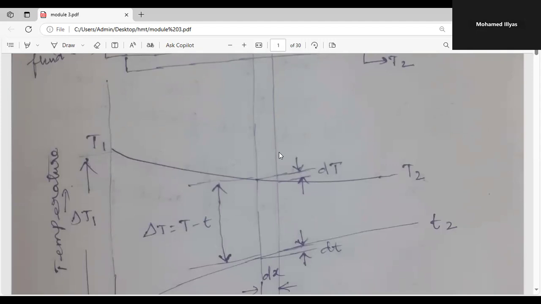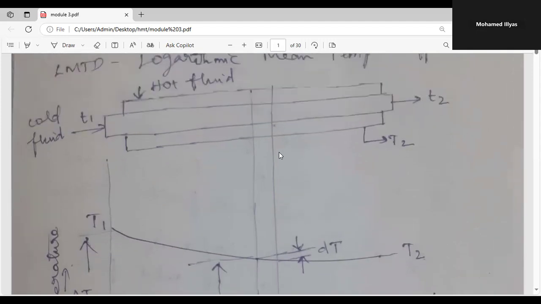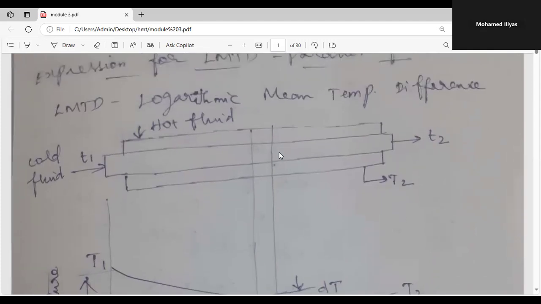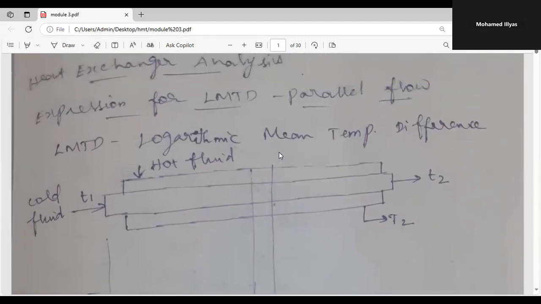So it would be appropriate to consider this continuous variation of temperature from inlet to outlet. That takes the form of a log, and we call it the logarithmic mean temperature difference. The expression we get in the form of a log accounts for the continuous variation of temperature from inlet to outlet.